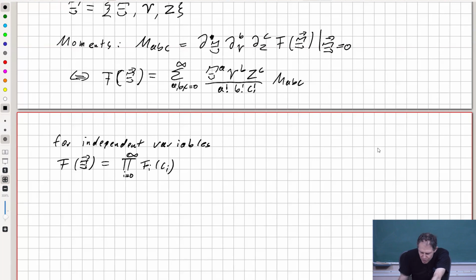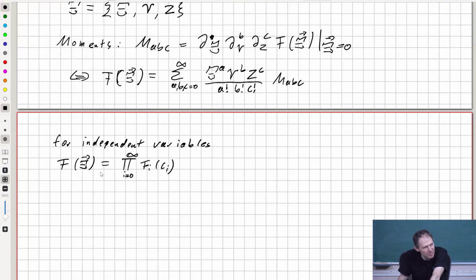Now here we have a product, here we have a sum. So this is not compatible. What we would like to have is a sum here too. So how do we get a product to a sum?